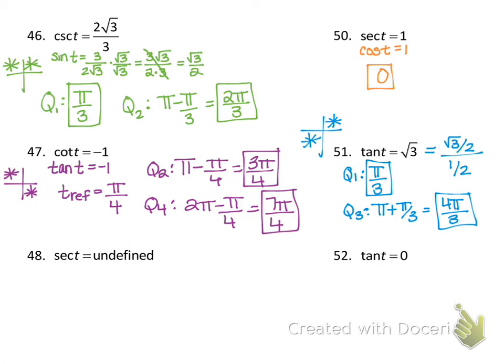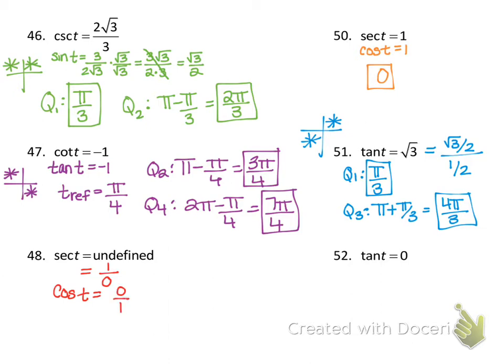Okay, so for secant to be undefined, the only way we can get undefined on the unit circle is to have 0 in the denominator, and 0 is always paired up with 1. So it would be 1 over 0. Well, where does this happen? So 1 over 0 is for secant, so that means, since secant is 1 over cosine, that cosine of t therefore is going to give you 0 over 1.